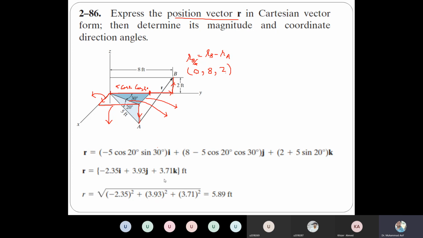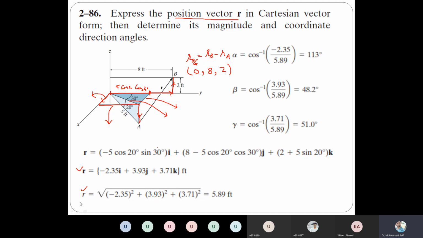Then you need a unit vector. And how can you get that unit vector? You have to divide the vector by its magnitude. I have skipped one step. That unit vector will be equal to the position vector divided by its magnitude. This is the position vector and this is the magnitude.